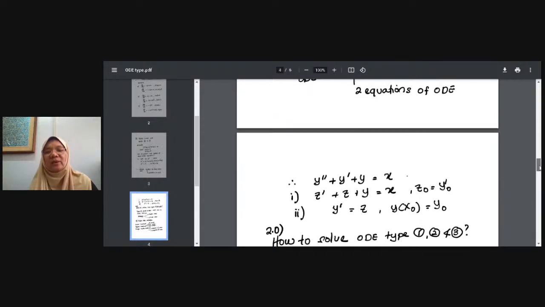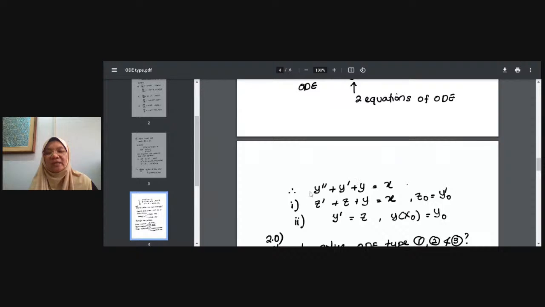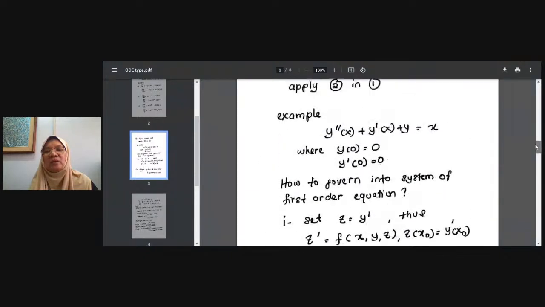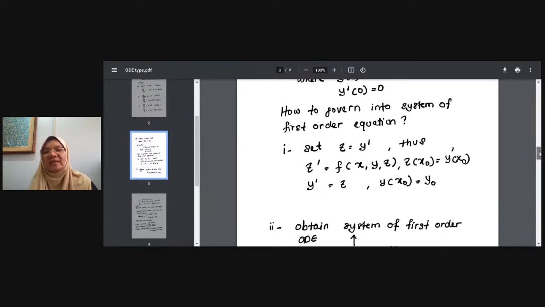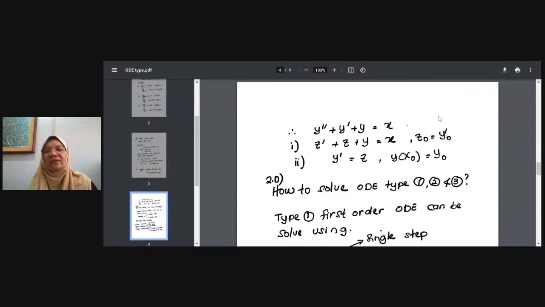So we can obtain z prime plus z plus y equal to x, and y prime is equal to z. So you develop two sets of first order derivatives. You have transformed the second order ODE y prime prime plus y prime plus y equals x into a system of first order derivatives, where the system is z prime plus z plus y equals x and y prime equals z.